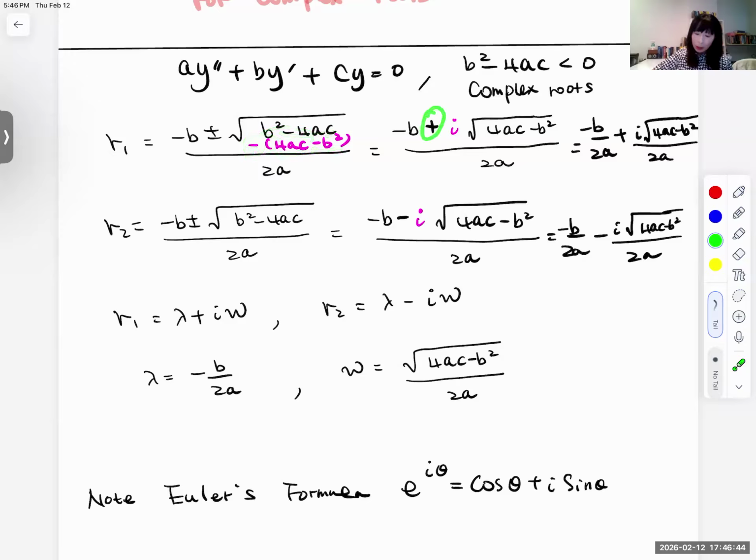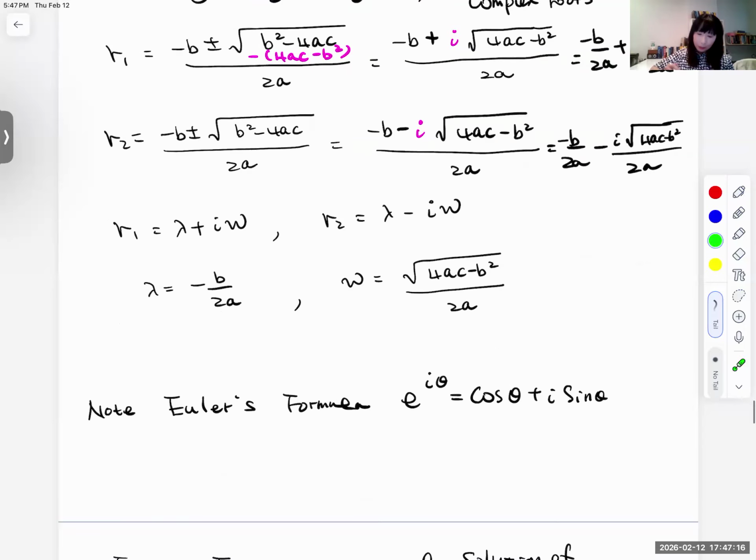One is positive, one is negative. We take out i, right? Because of the negative. Make sense? Okay, then 2a is the common denominator, so we can split into two fractions. So one is positive, one is negative with i. The i comes from the negative inside the square root, right?